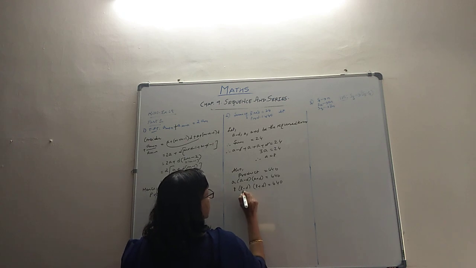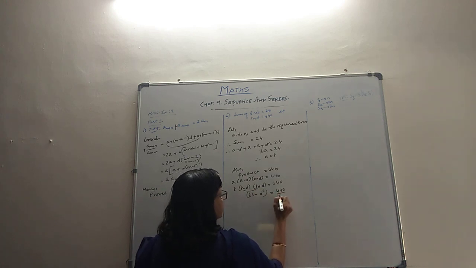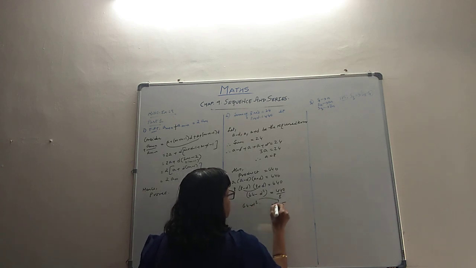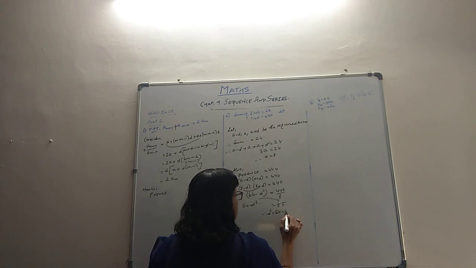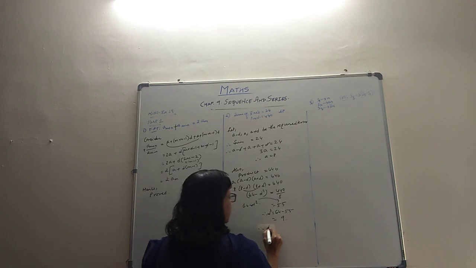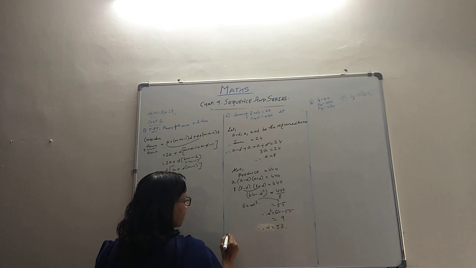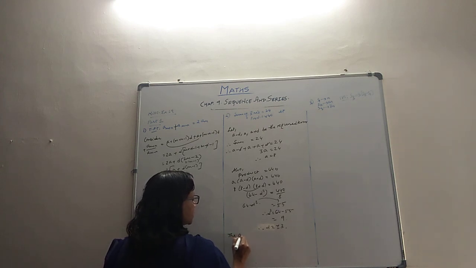The 8 can come up on the other side, and this is a plus d, a minus d, so it is 64 minus d squared, and the 8 can come on the other side. 8 5s are 40, so 55. You can have the d squared going on the other side, so you have 64 minus 55. That's 9. And d therefore will come to plus or minus 3. They ask us to find out the terms.